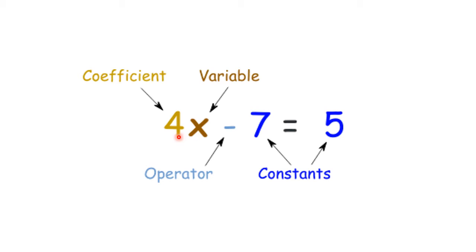In this 4x, the 4 is considered the coefficient and the x is considered the variable. Whatever operations we perform, like addition or subtraction, are called operators. So this 4x as a whole is one entire term, the number is called the coefficient and the alphabet is called the variable.